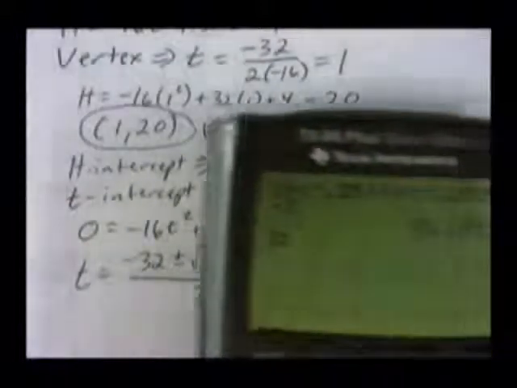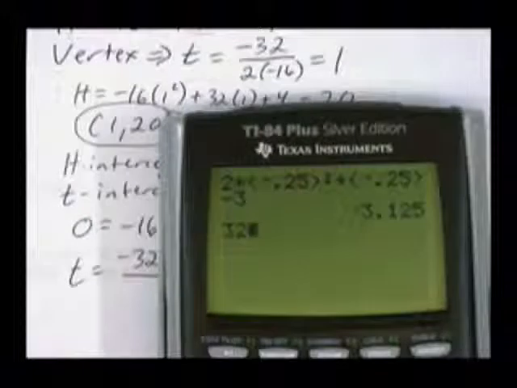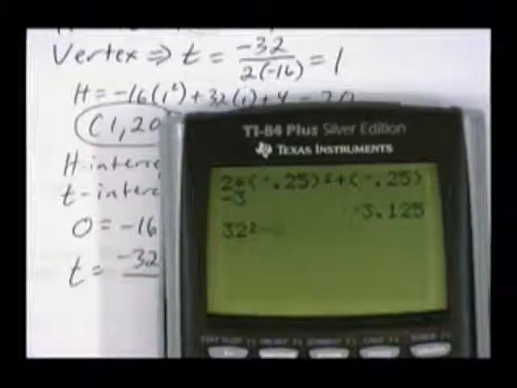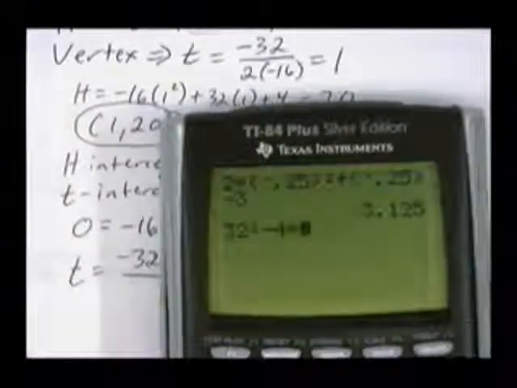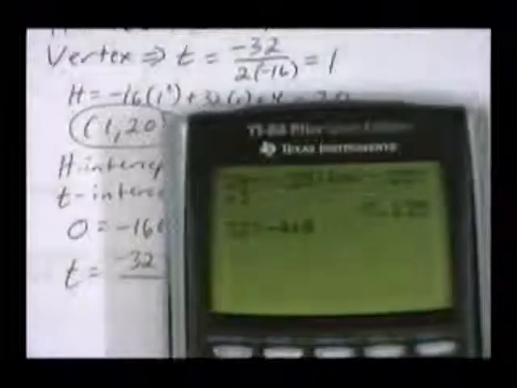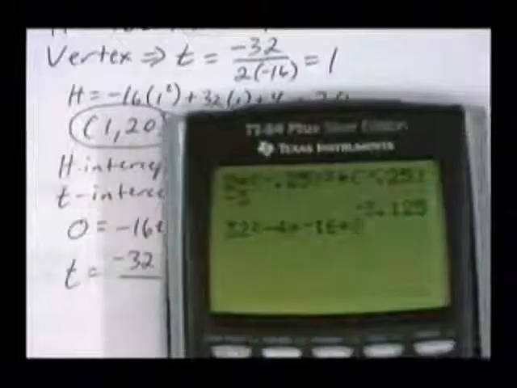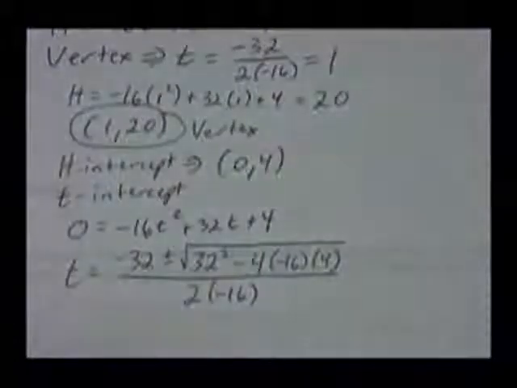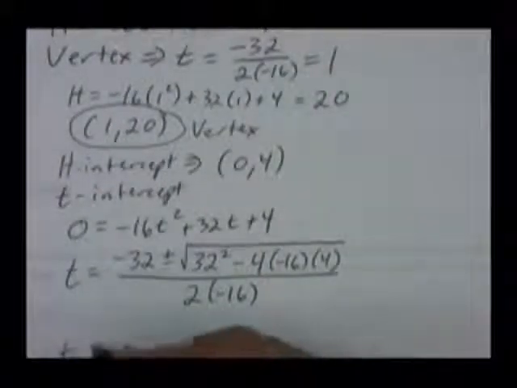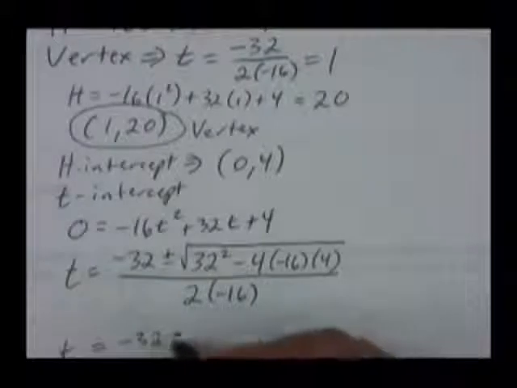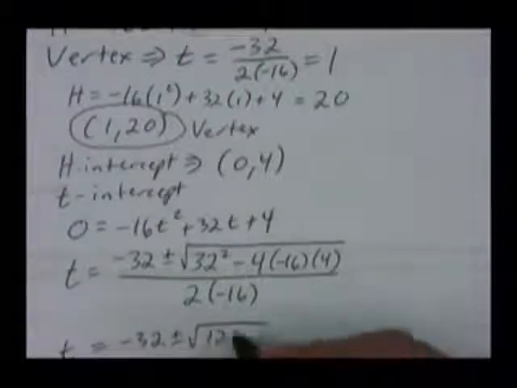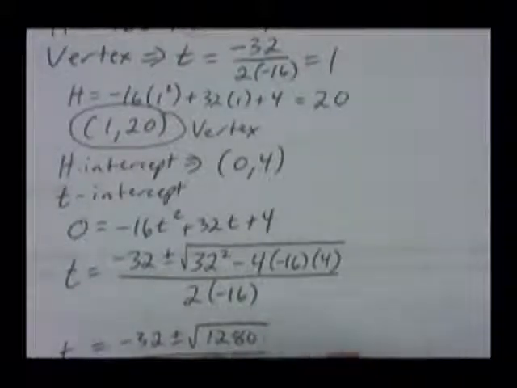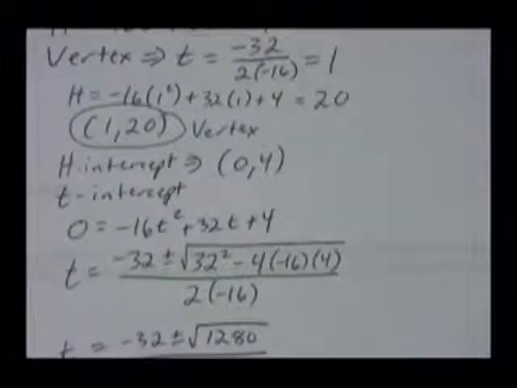If we plug into the calculator 32 squared minus 4 times negative 16 times 4, we get 1280. So we get t is equal to negative 32 plus or minus the square root of 1280 over negative 32.